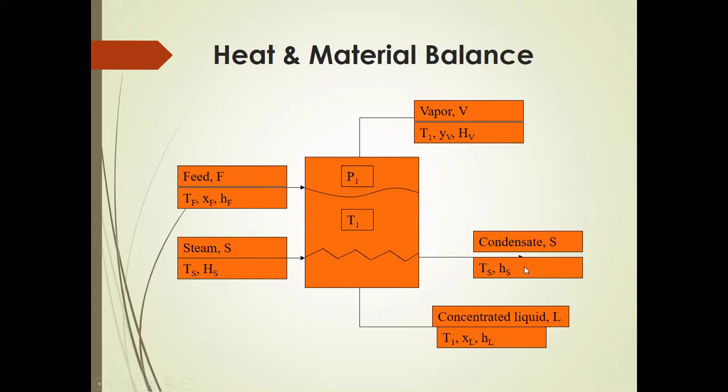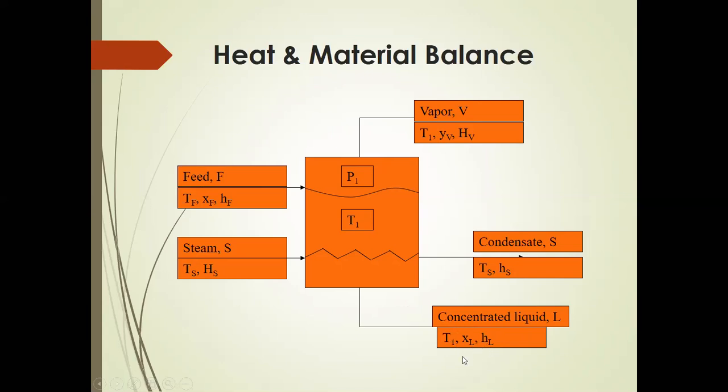Since this is condensate, this would be the saturated liquid enthalpy at the indicated temperature or pressure also of the steam. The concentrated liquor enthalpy will be taken from the concentration diagram for the particular system that you are concentrating, because we have different concentration diagrams for different systems.